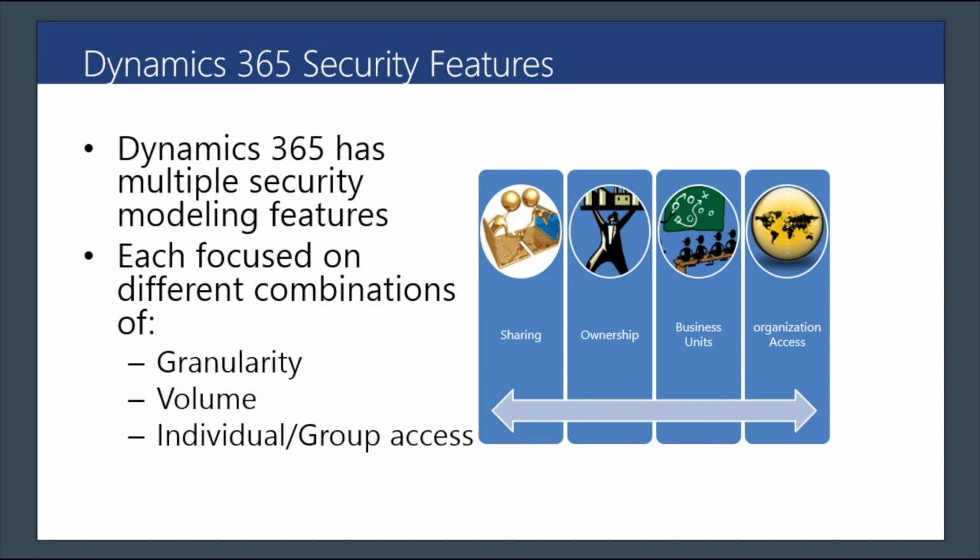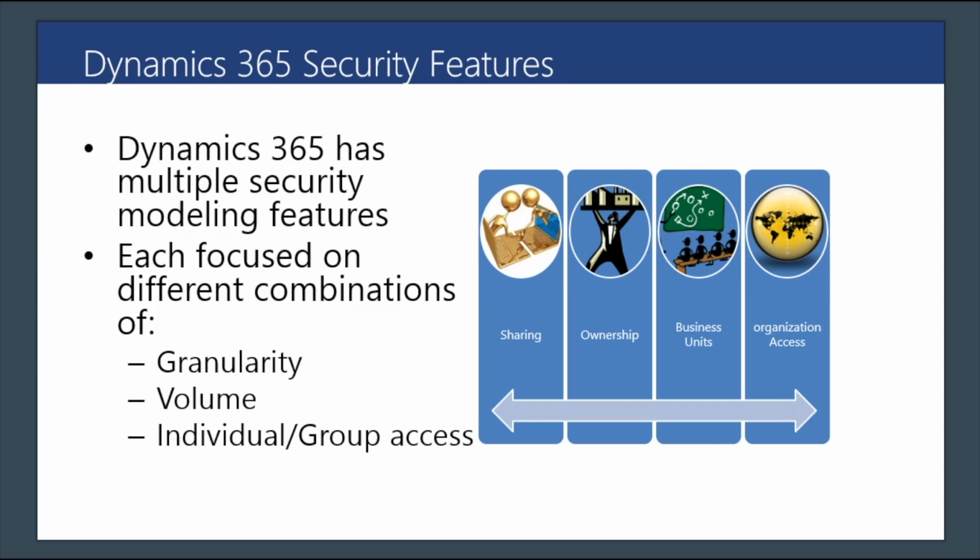So for Dynamics 365, authentication is handled via Azure Active Directory. We're not going to be covering that in detail today. We do have other sessions that go into a bit more detail on authentication. Today we'll be focusing on the authorization side of this.